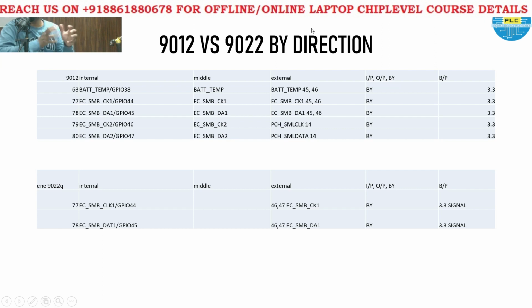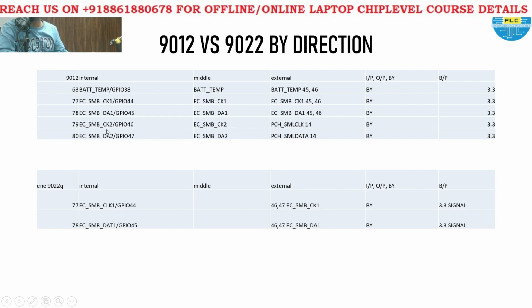Next, how it communicates bidirectionally. In 9012, pin number 63, the battery communicates at 3.3 volts: SMB clock 1, data 1, and also SML clock and SML data. These are bidirectional with 3.3 volts. In 9022, only clock 1 and data 1 are there, battery side communication only.